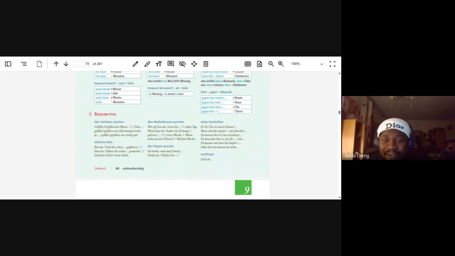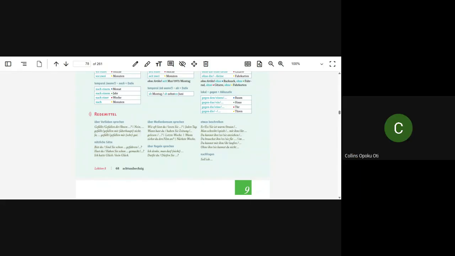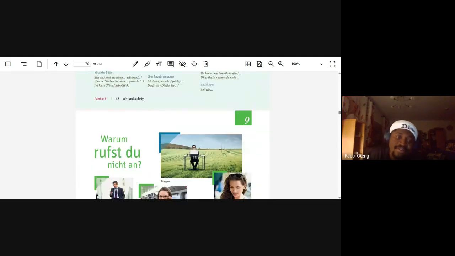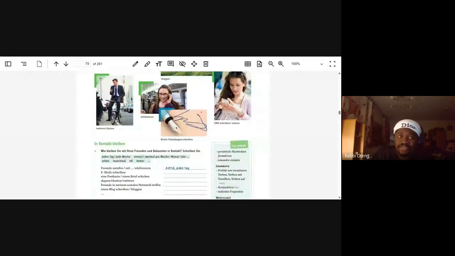Then the car, das Auto, is die Autos. Das Kind is die Kinder. Okay. Please, the ones that you already know, try to know their plurals as well. That will help you.